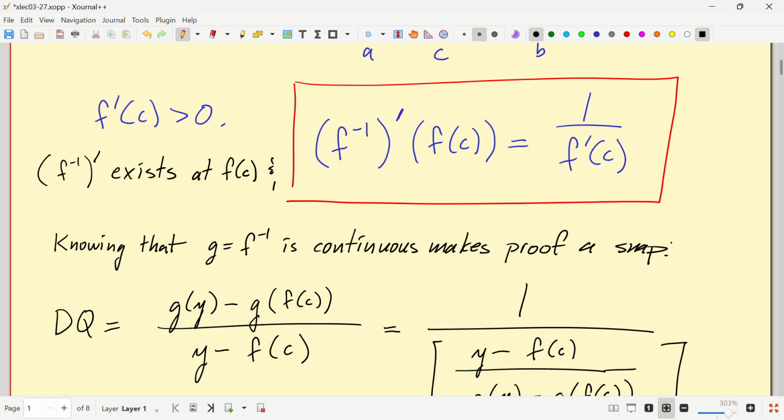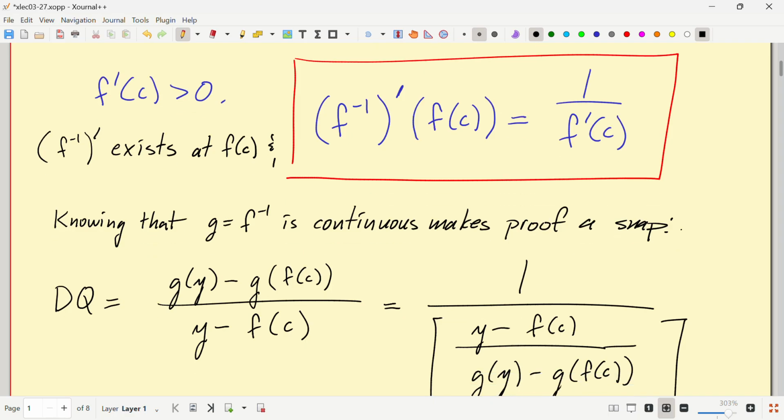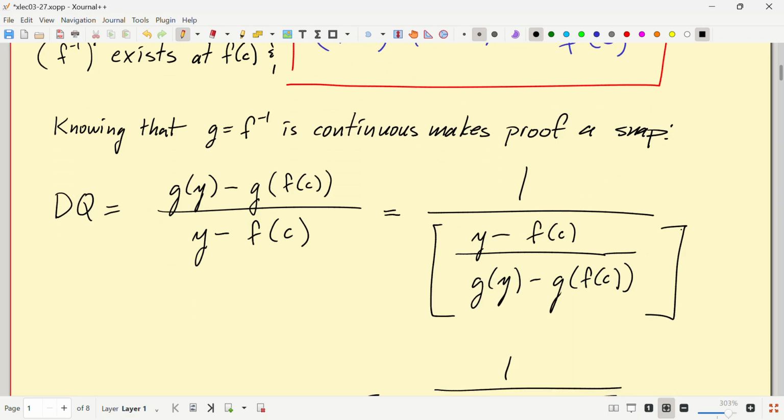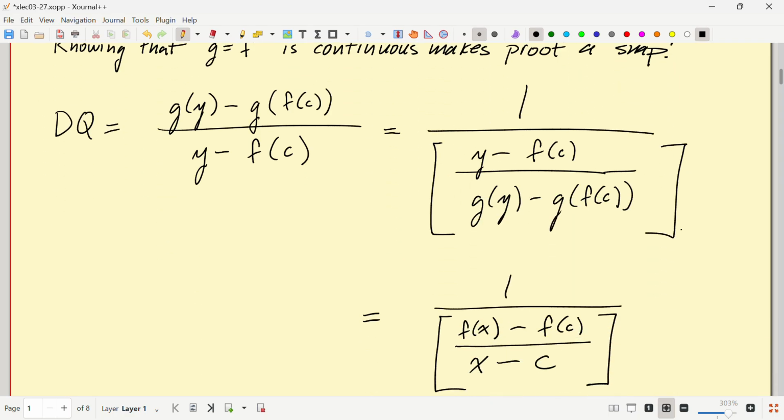If I write the difference quotient for the G derivative, I'd have G of y minus G of f of c over y minus f of c. That's the derivative. And I write out that difference quotient, and I invert it. And then I start writing, let's see, y is equal to f of x. So x is equal to G of y.